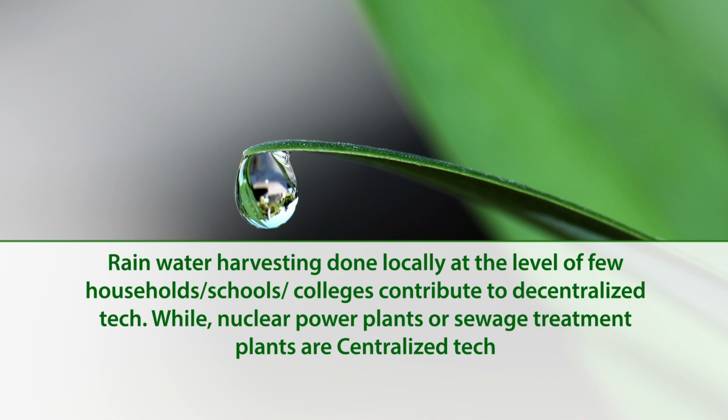So, this example is for a decentralized technology, and here it is at the level of few households, and you can even have it for your official building, you can have it for your hostels, a school or college. So, it is a small scale technology. So, it contributes towards tapping of the natural resource, which is rainwater. So, it is environment friendly.